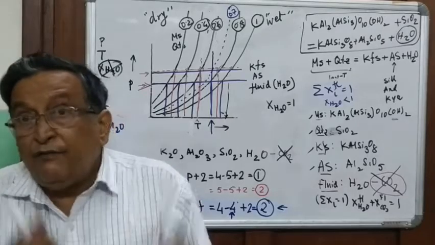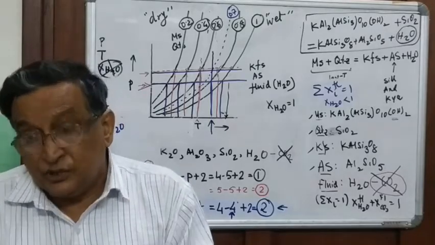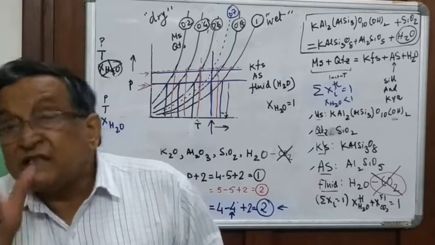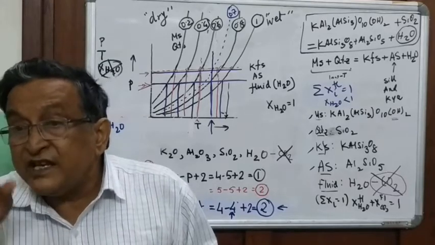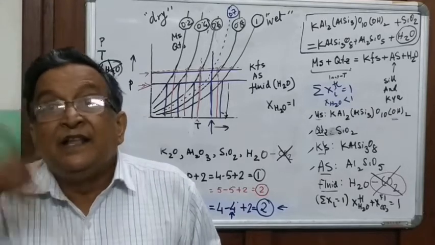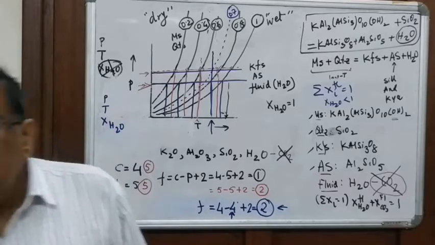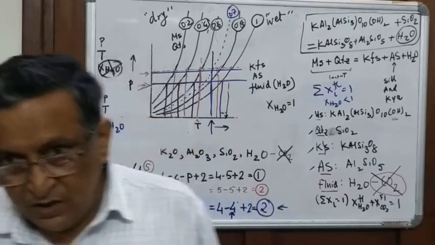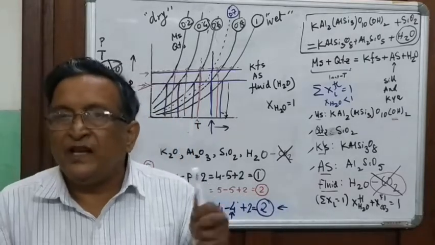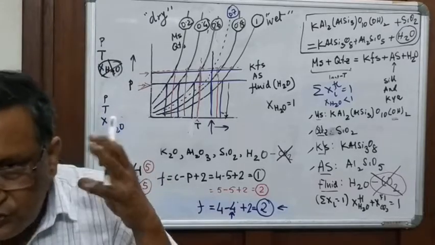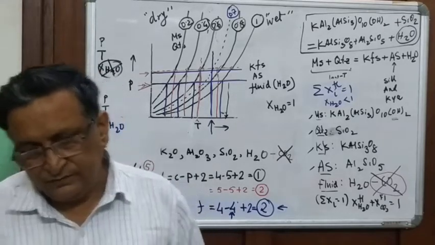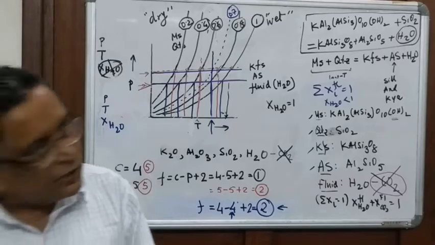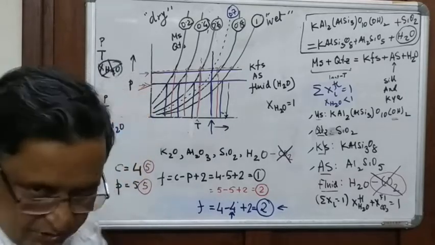It's a tug of war between variables and equations. But if you write x1 plus x2 plus x3 is not equal to 1, that's not an equation. You lose one equation. Losing one equation means a huge thing in metamorphic petrology. Right? So this is what is important here.